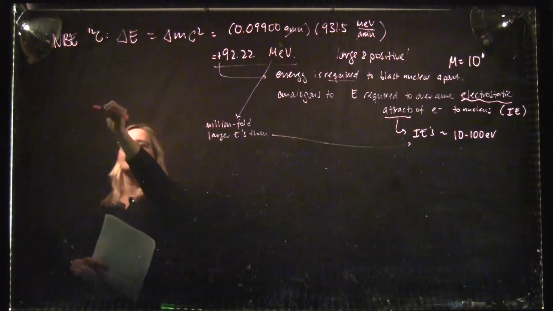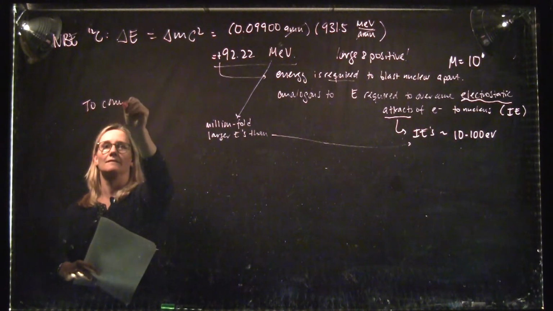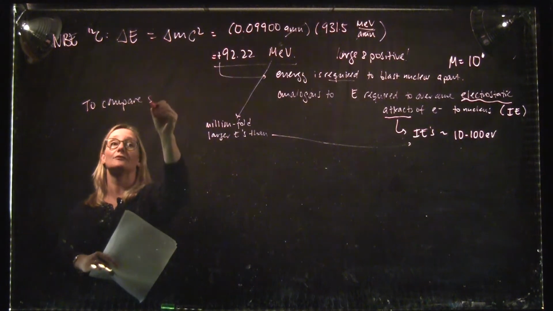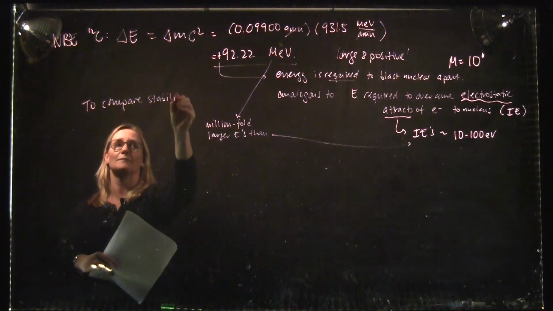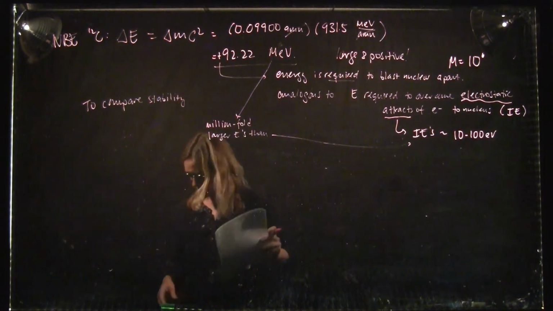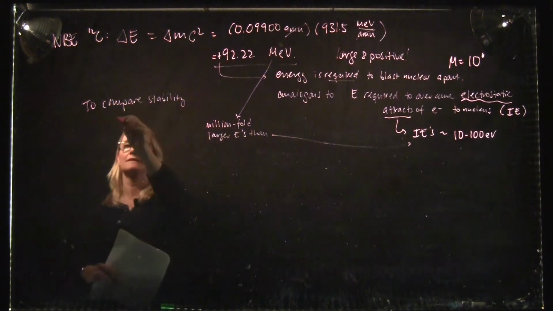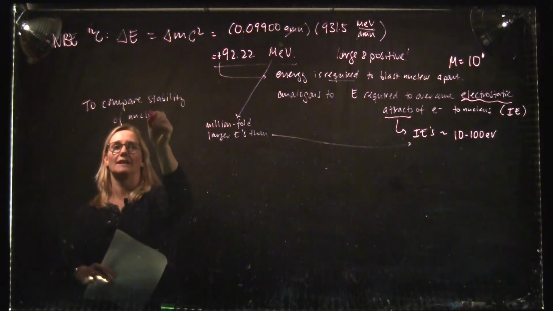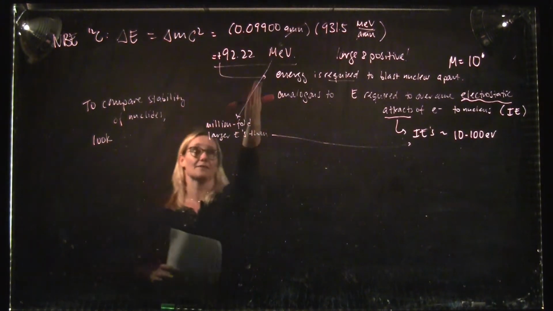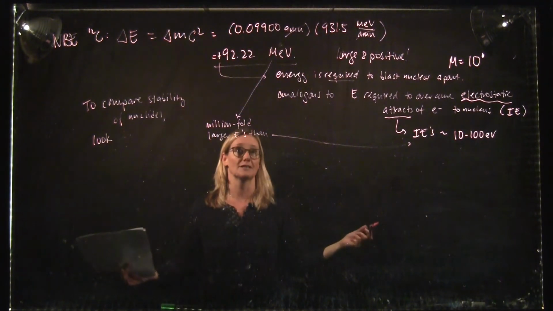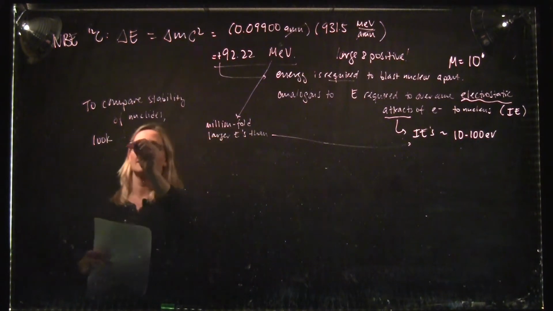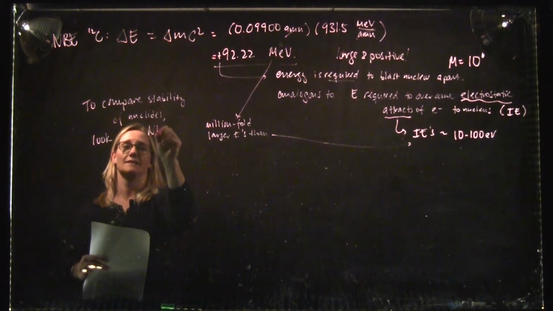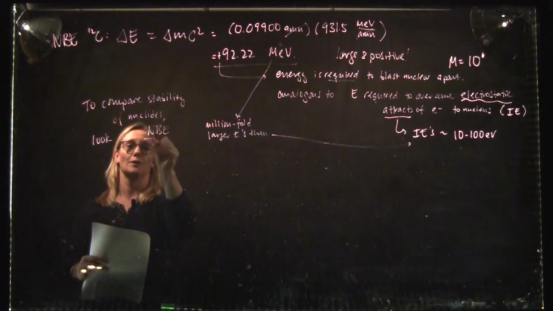To compare the stability of nuclides, let's go back to this idea of the belt of stability. Instead of looking just at the total amount of energy to blast apart carbon, we want to look at nuclear binding energy per nucleon.